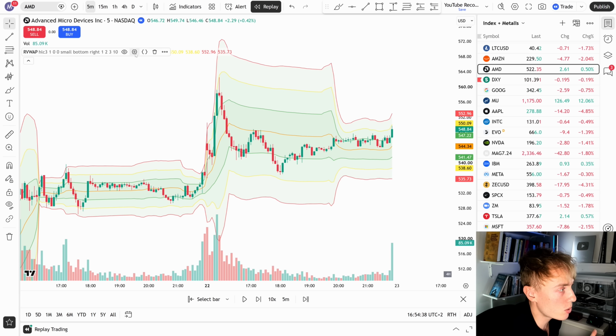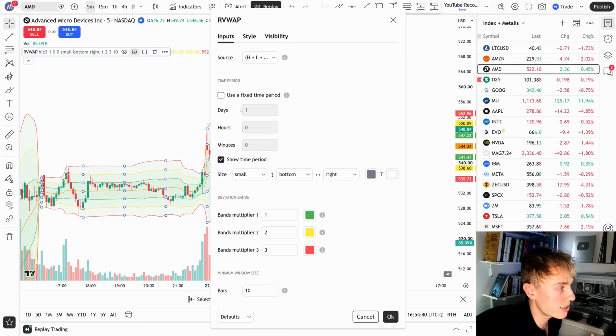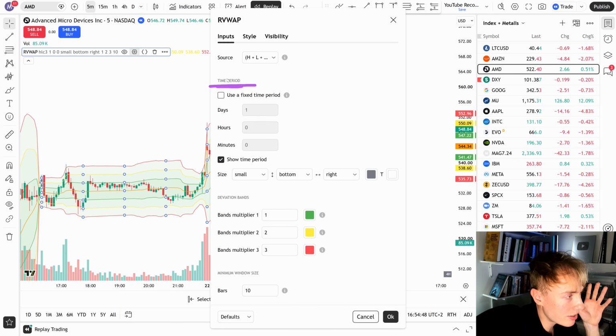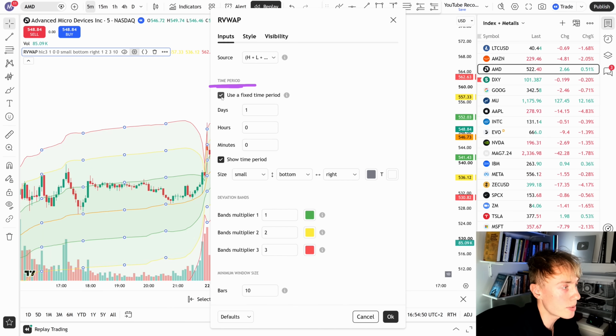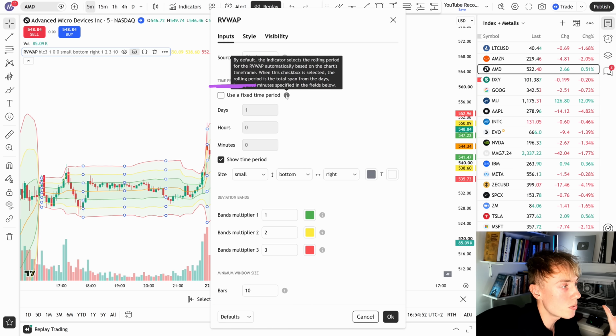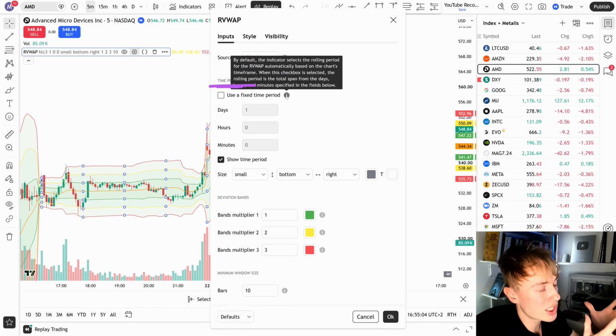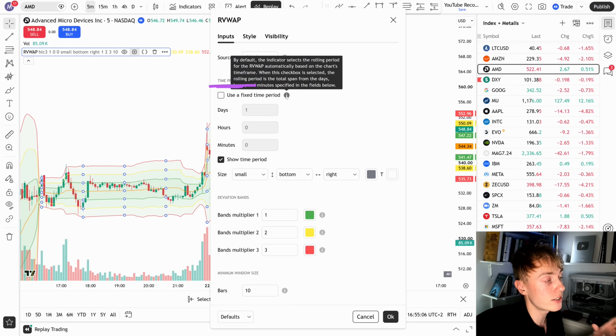And to answer this question, if we go up here to the settings tab, you can see that we need to look here where it says time period. And what I actually recommend here is to not check this button right here, because if you read what it says, by default, the indicator selects the rolling period for the rolling VWAP automatically based on the time frame. And this is what I highly recommend, because this will be pretty much equivalent to using the VWAP at the start of every session.